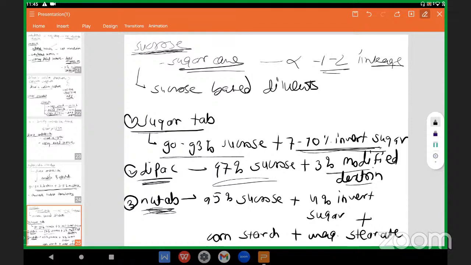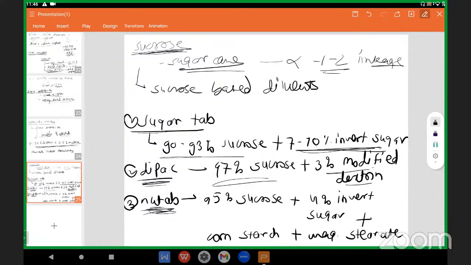And the third, very important one, is Nu-Tab, having 95% of sucrose, 4% invert sugar, cornstarch and magnesium stearate. Clear this point? Here all three compositions and examples are very important, you have to keep them in mind. Okay? Yes. Can we move to the next example in the diluent category?